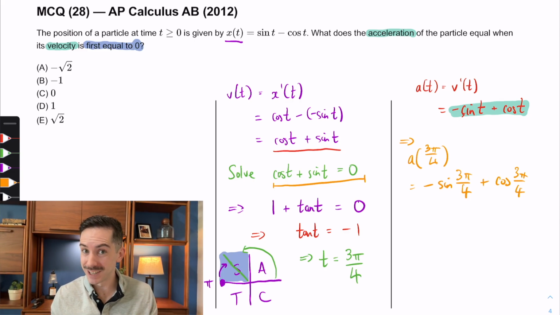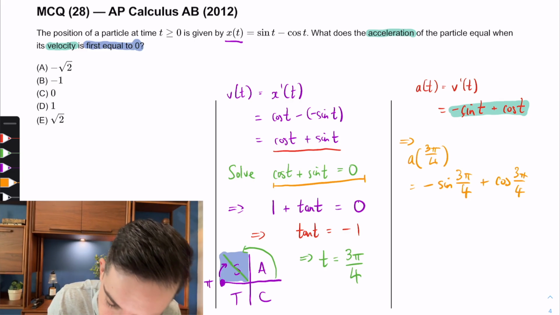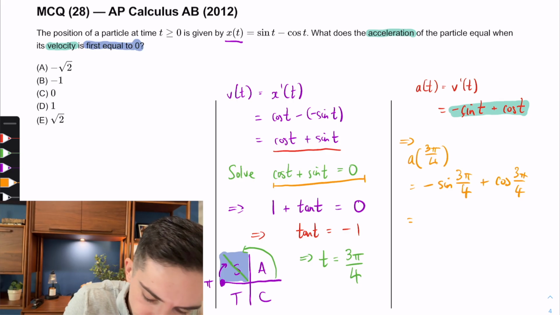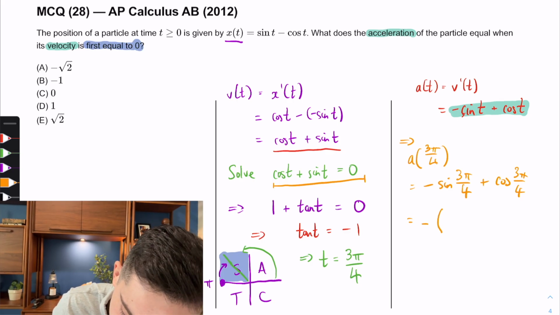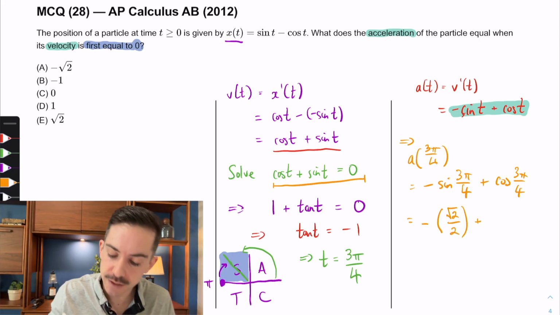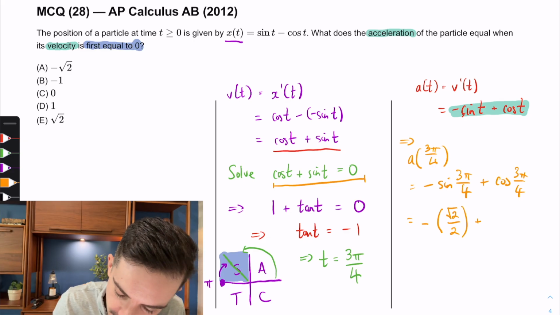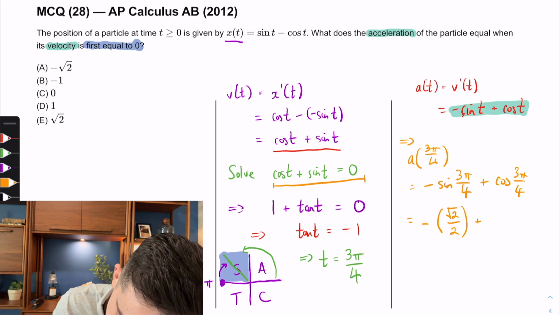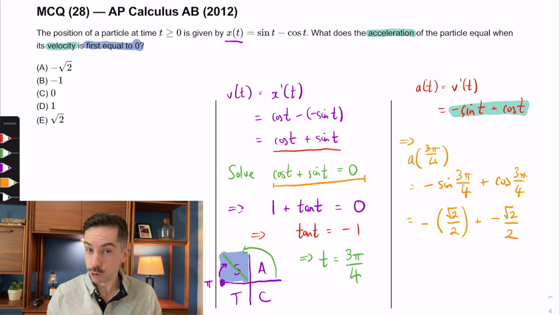More standard trig values. We need to know these. So sine of 3 pi by 4 is going to be root 2 over 2. Cosine of 3 pi by 4 is going to be negative root 2 over 2.